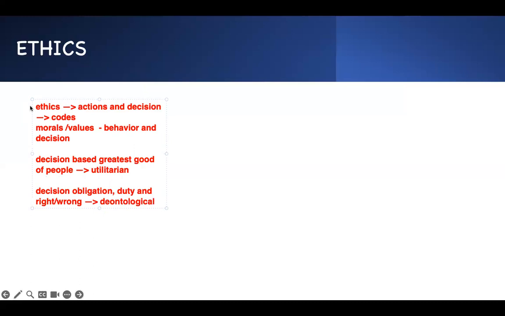Deontological thinking of ethics. There's one weird one where it's all based on your moral character. If your decision is based on your moral character, then you are being virtue ethics. Like I said, I'll try to make it simple. So these are a few ethical terms you should go with.